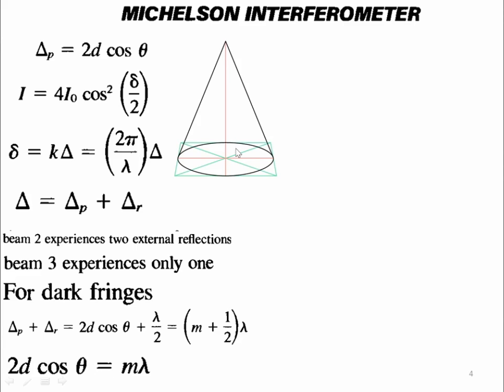Now if we see this cone, then for this conical area, what we will be seeing for this particular value of angle theta is satisfied along this full circle on our observation plane.